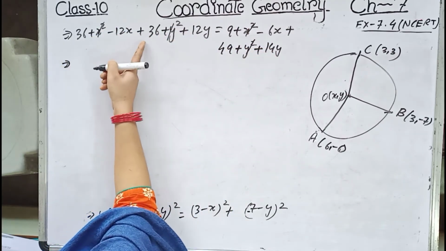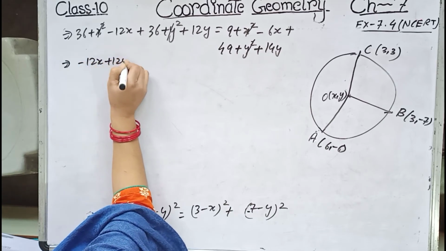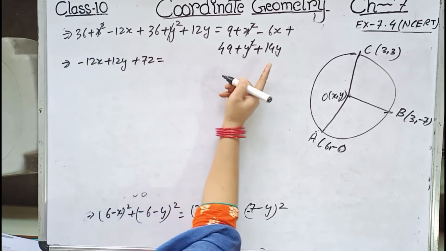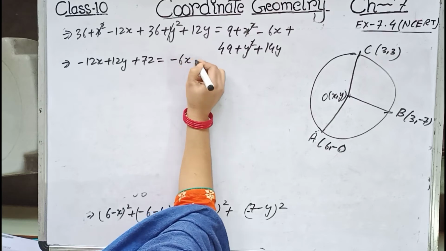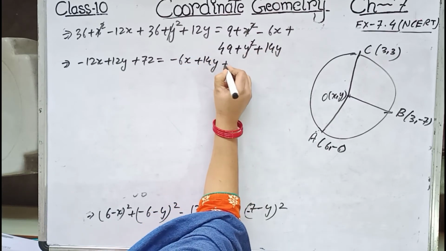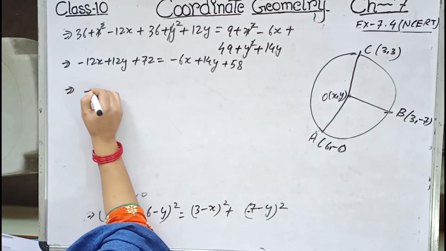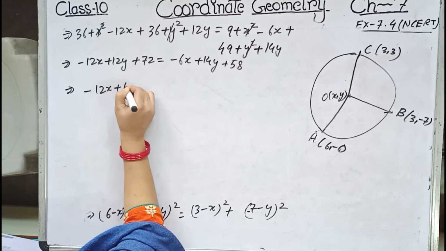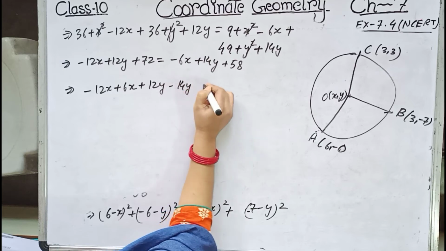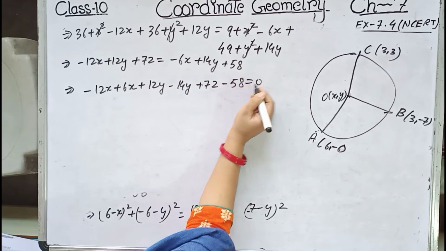Now this implies minus 12x plus 12y plus 72 equals minus 6x plus 14y plus 58. This implies minus 12x plus 6x plus 12y minus 14y plus 72 minus 58 equals 0.